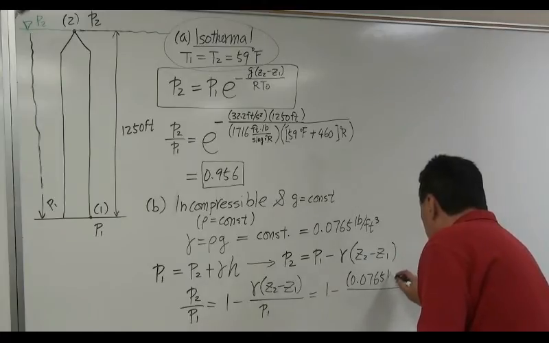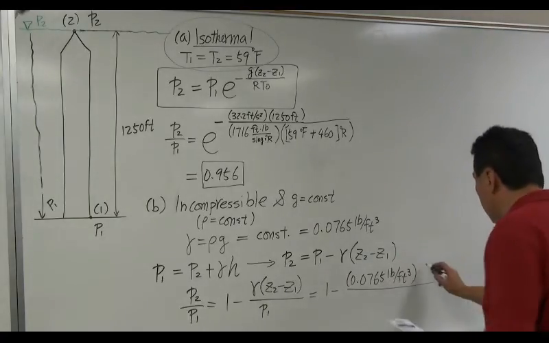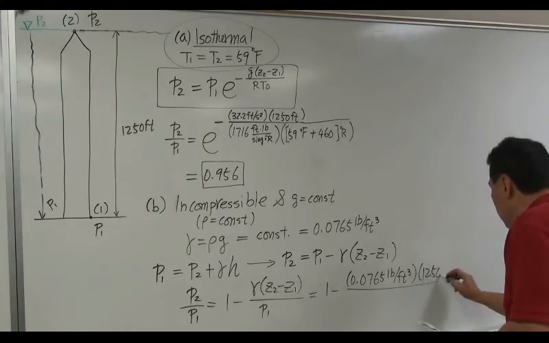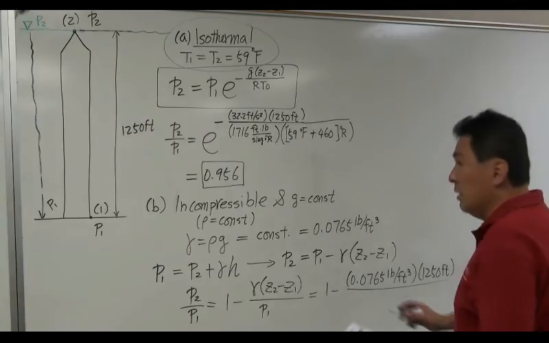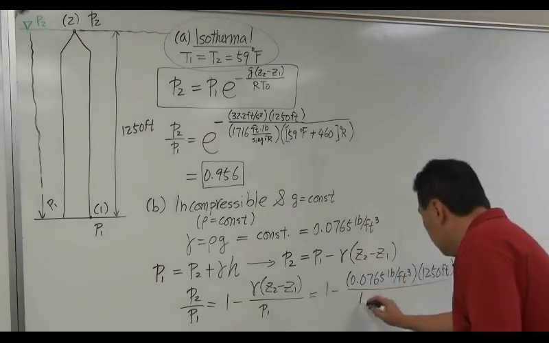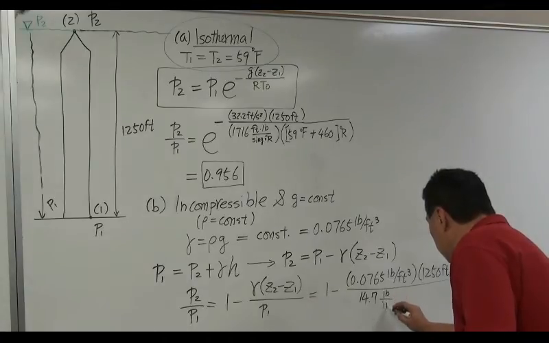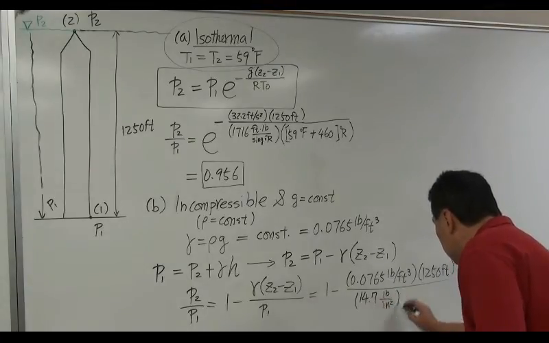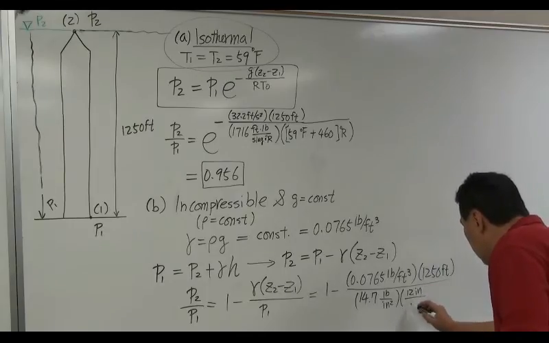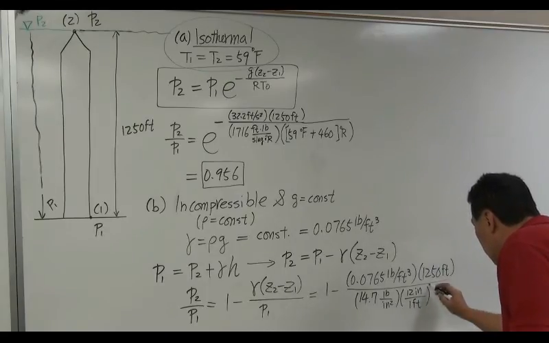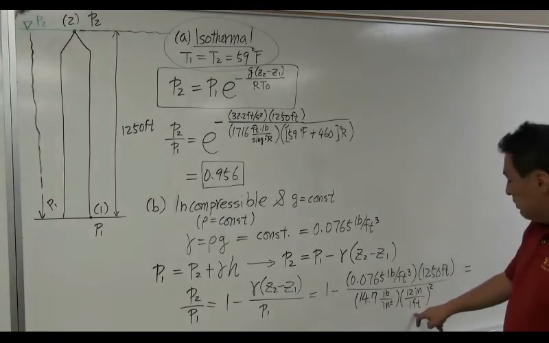0.0765 pounds per cubic foot. This is 1,250 feet. P1 is given 14.7 pounds per inch square. I don't like that unit, so I'm going to convert it to pound per feet square, 12 inch over 1 foot square. Okay, so make sure you use foot, not inches.